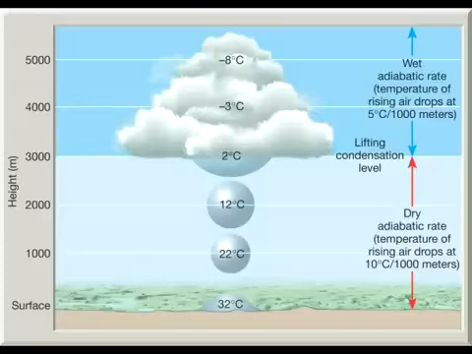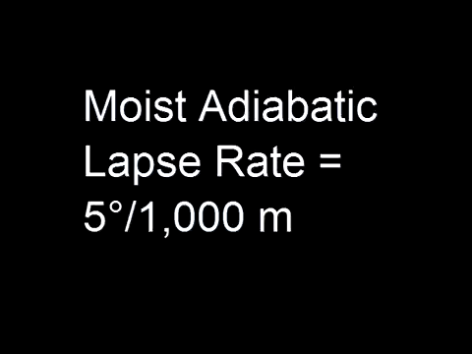Beyond the lifting condensation level, air parcels cool at the moist adiabatic lapse rate, which is approximately 5 degrees Celsius per 1000 meters. It is also called saturated or wet adiabatic lapse rate. The real value can be between 4 and 9 degrees Celsius per 1000 meters, depending on the amount of water vapor that condenses during the lifting.